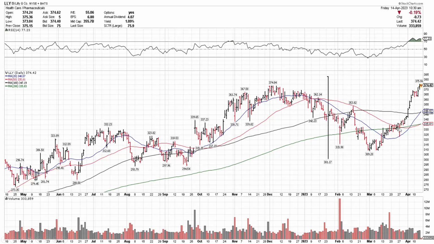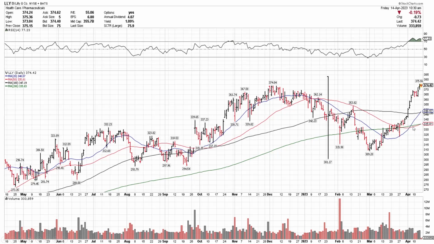So the first recovery sign, close over the 200-day moving average. Second recovery sign, close over the 50-day moving average. And now if we look at the chart and these moving averages, there's a lot of bullish moving average crosses. So we've got the 20-day through the 50 through the 200-day.